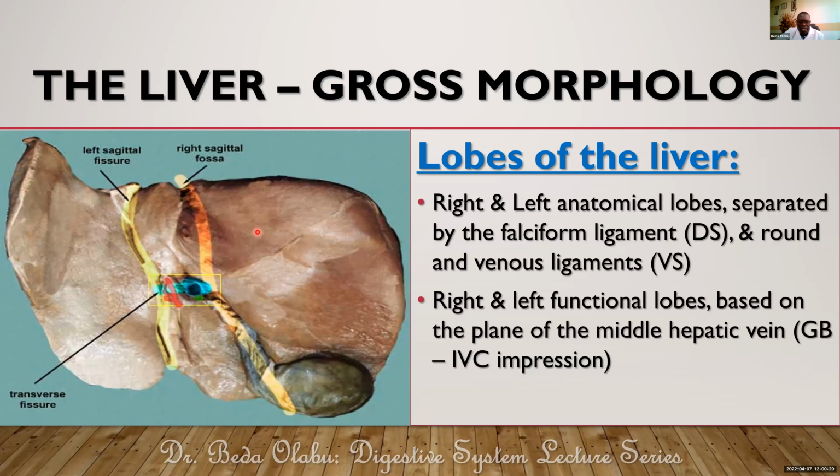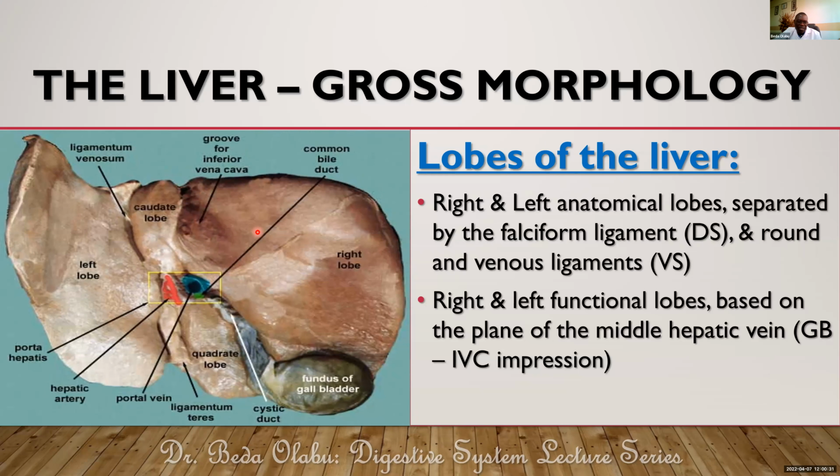So the take-home message is what? That the physiological lobes and the anatomical lobes have different points of separation. The planes separating them are very different. In this image, you can see the contentious issue, and this region is the contentious issue. You can see it's written there, the caudate lobe and the quadrate lobe of the liver.